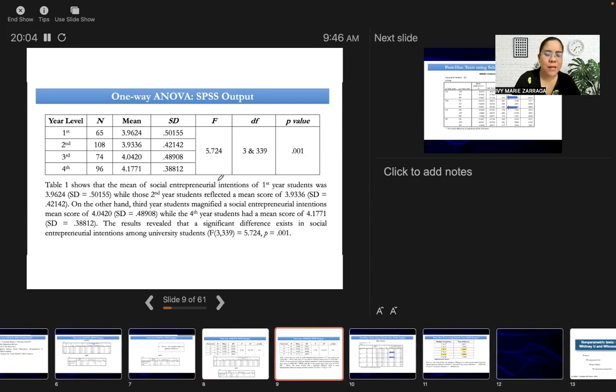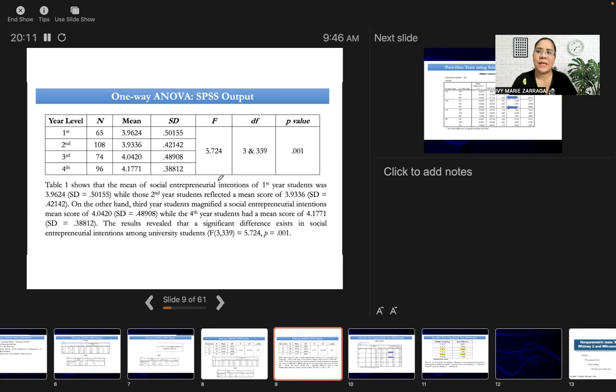Ay, by the way, aside from describing the results, syempre you have to present the results and then make an interpretation. So pwede for the first, you can use this kind of format then. So for the first sentence, you have to indicate or state the title of your table.